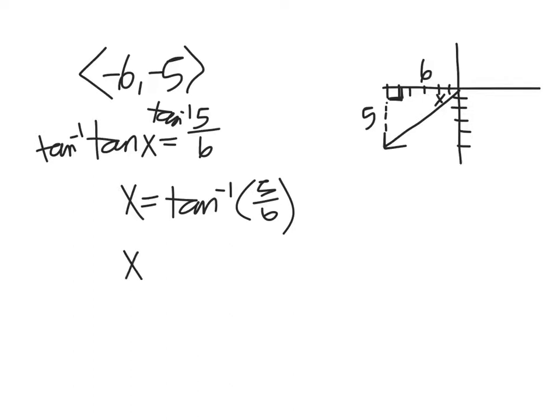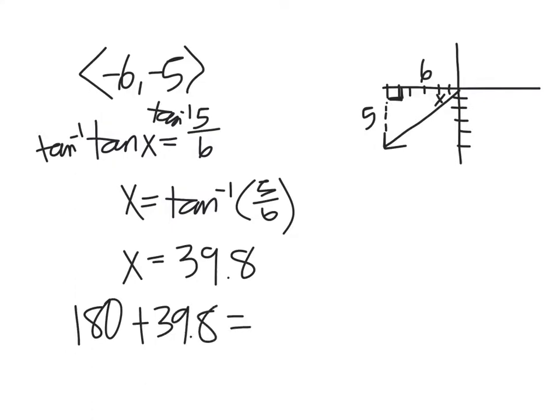All right, and the inverse tangent of 5 over 6 is 39.8. So we're going to add that to 180. And the final direction of this vector is 219.8 degrees.